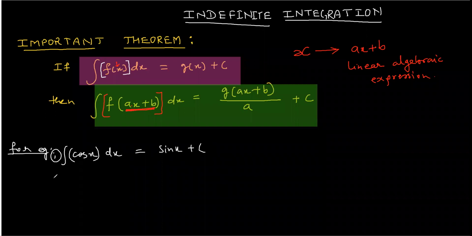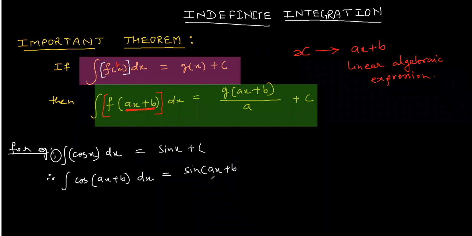Therefore, now I apply this theorem here. So integration of cos of ax plus b dx will be sine of ax plus b the whole upon a plus c.